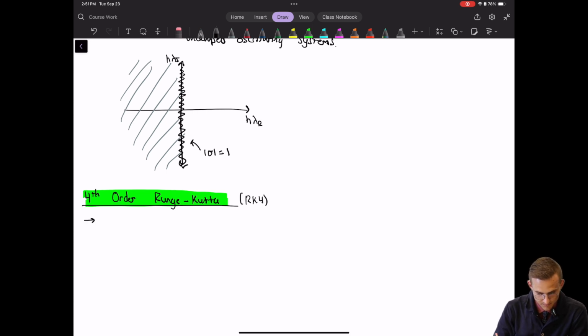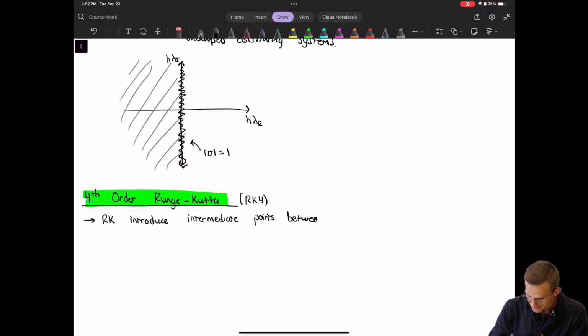So basically, to summarize what Runge Kutta methods do, is they introduce intermediate points between grid points.